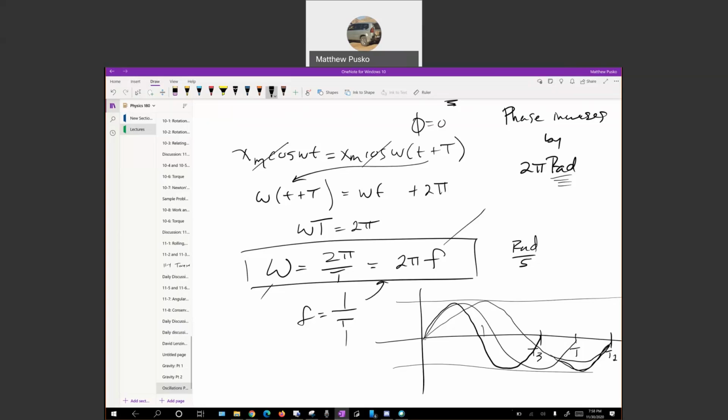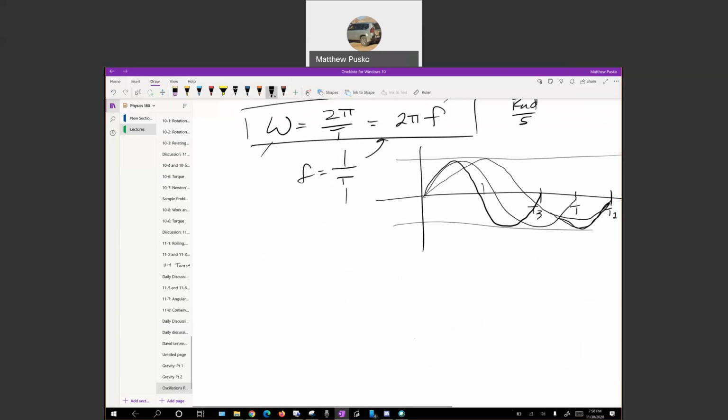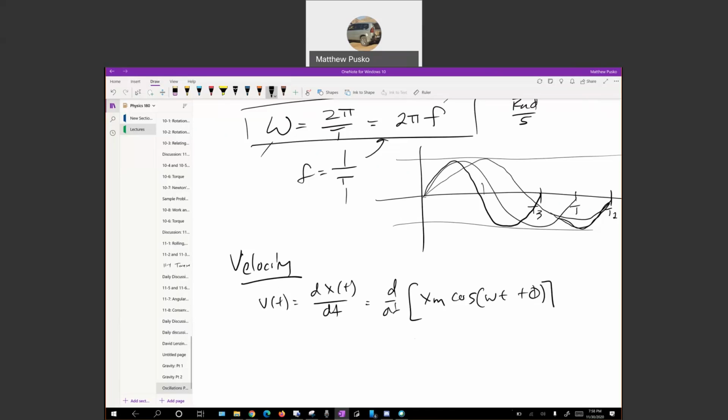All right, what if I want to know the velocity of something with simple harmonic motion? Well, we take the time derivative, right? That's what we've always done before. The velocity is equal to the time derivative of x with respect to time. We had a formula for x, so we can just take that time derivative. We have some amplitude times the cosine of omega t plus phi, a phase shift. And that gives us a function for our velocity at any time t.